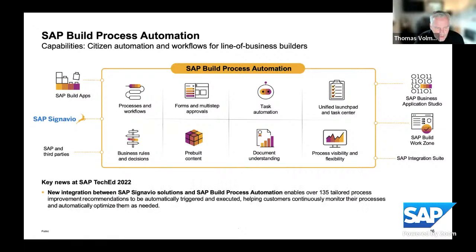I think the news that we made were also interesting now at TechEd. There's a new integration with SAP Signavio solutions. Many customers have asked us, so you have all this great content on process improvement recommendations in the sense of RPA bots, and what Sebastian also mentioned, pre-built business content from our partners and from SAP when it comes to end-to-end processes.